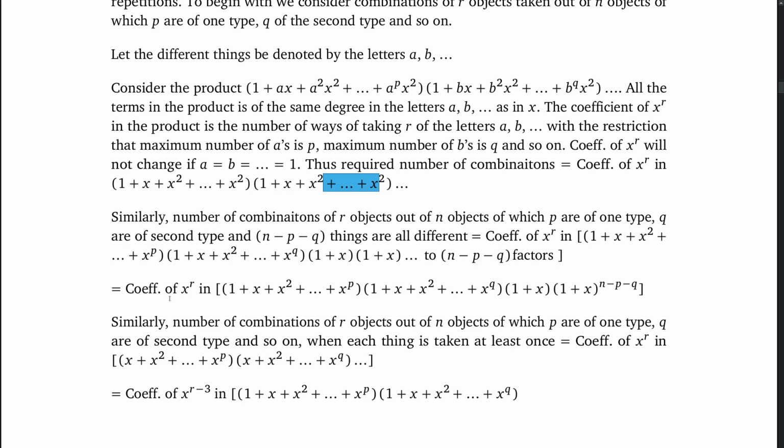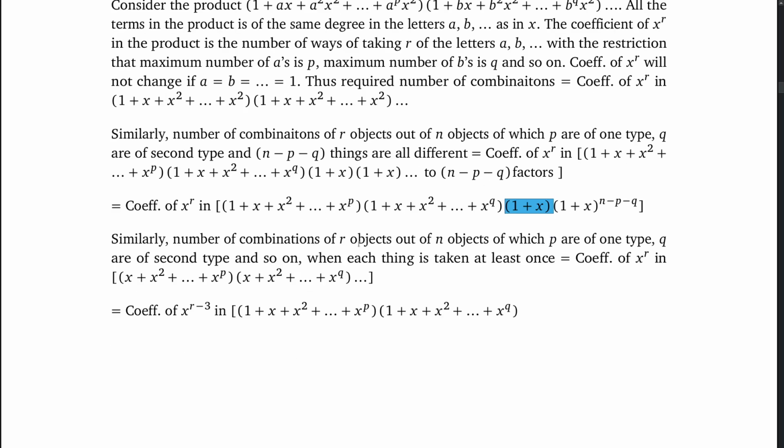So what we are looking for is the coefficient of x^r in (1 + x + ... + x^p)(1 + x + ... + x^q)(1 + x)^(n-p-q). This extra 1 plus x is a mistake, it should be removed.